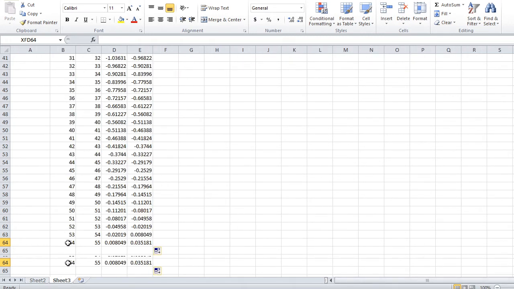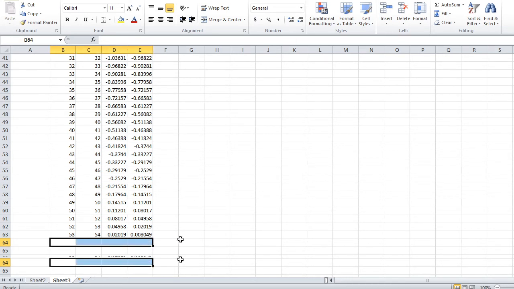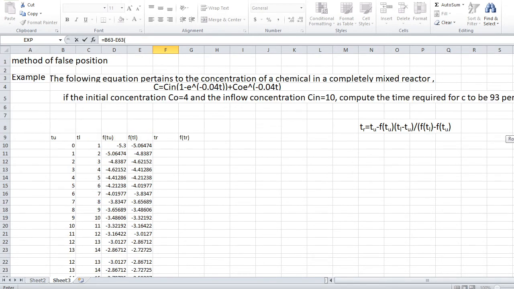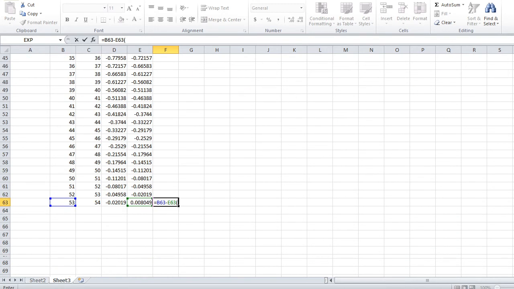So let's delete this one. Now we will have to find T of R, and T of R is equal to T of U minus F of TU times TL minus TU, whole divided by F of TL minus F of TU. Let's check the formula.